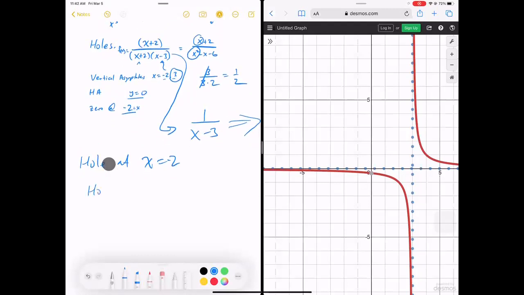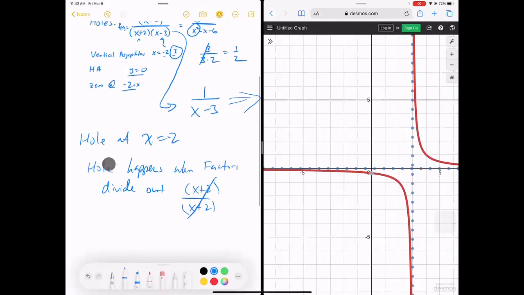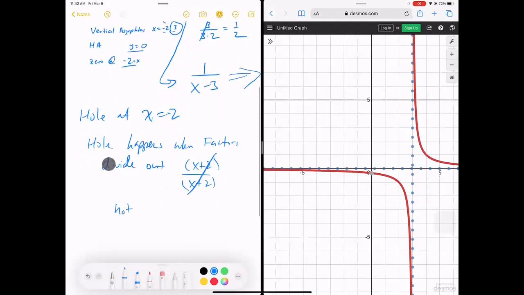So a hole happens when factors divide out. And in this case, x plus 2 divided by x plus 2. These guys divided out, leaving us a hole at, darn it, x equals -2.